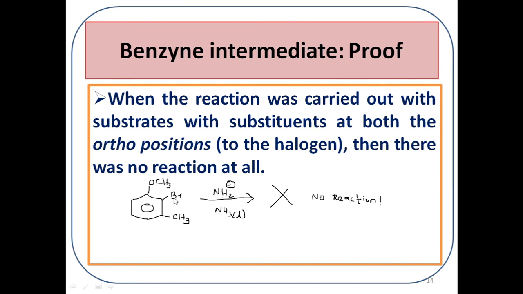This shows that in order to trigger the reaction, the NH2 has to abstract a proton from the ortho positions. So the reaction proceeds by the abstraction of the ortho hydrogen as a proton by the base. So this can be explained only due to the participation of a benzyne intermediate.